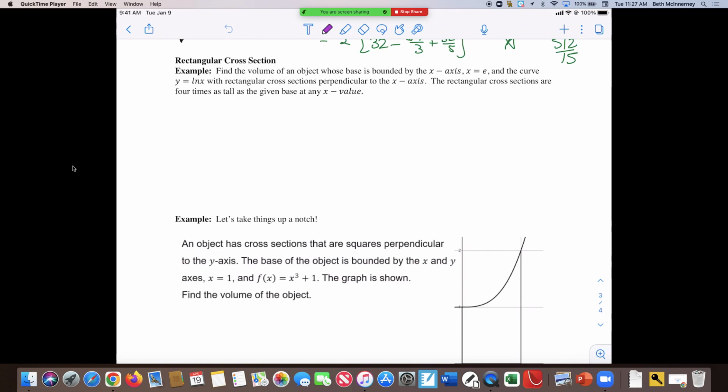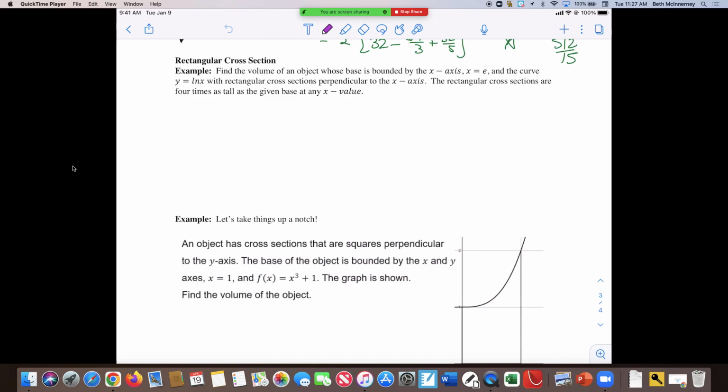Just to recap what we did yesterday as well, we looked at the volume of one slice, and then we allowed calculus to happen, where if we can then take infinitely many slices, that will give us the exact volume. So today, let's look at a different cross-section.